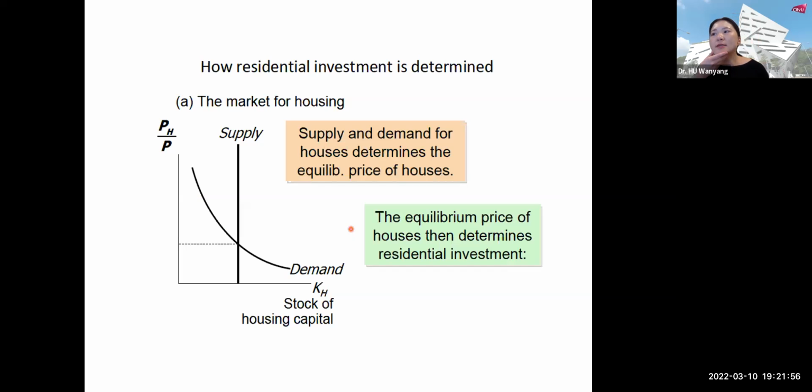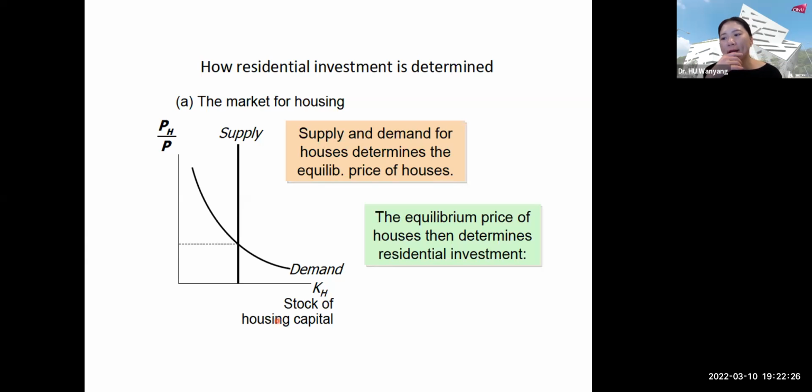Okay, so let's use several graphs to indicate how residential investment is determined. This is the market for housing, and this is the stock of existing housing. This is the relative price of housing, and again we are looking at the short term, so the supply is completely inelastic. We have a vertical line. There's no new supply because we are looking at a short run, like a 1 year window.